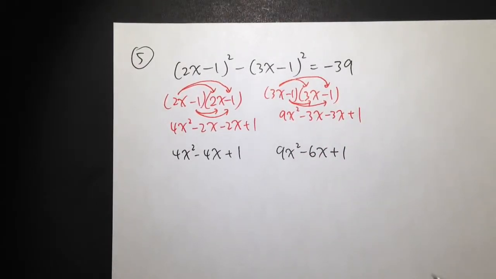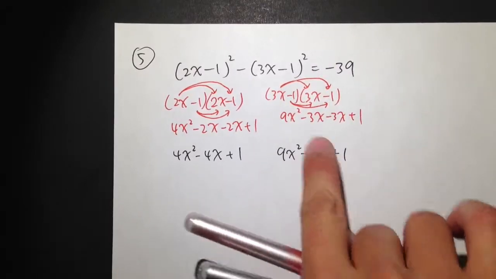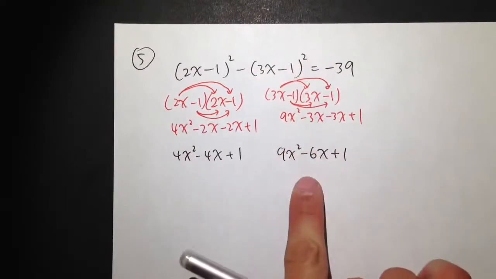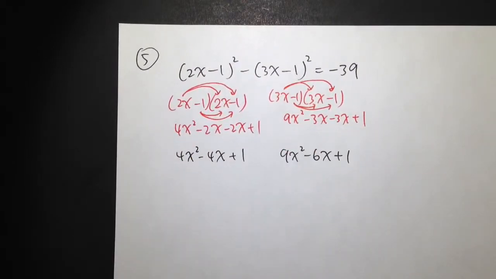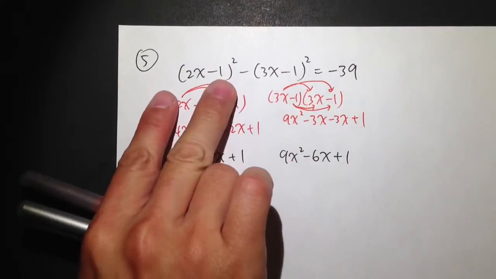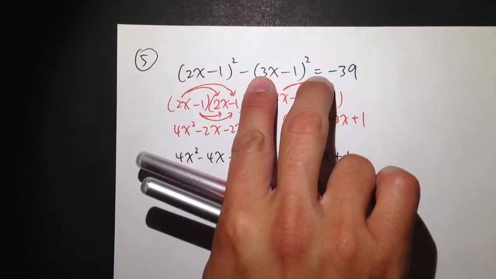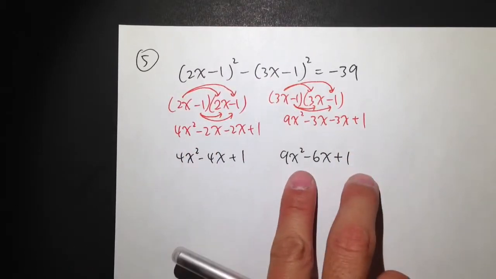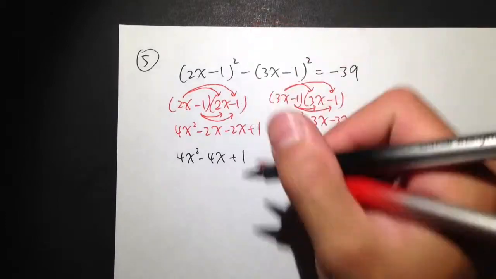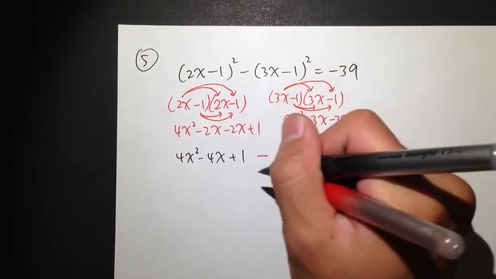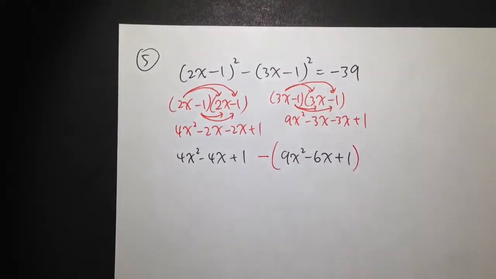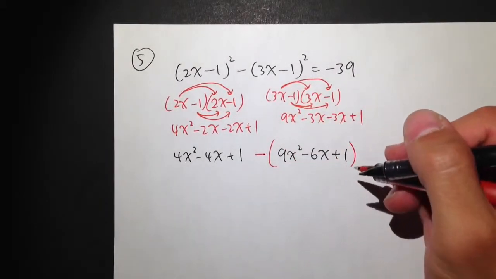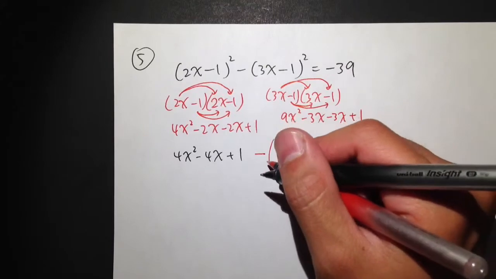Okay? This is the result of this square, and this is the result of that square, and we are doing the first minus the second. When we are dealing with subtraction, put a parenthesis, put a negative, and make sure that you have a parenthesis around it, because we have to distribute.